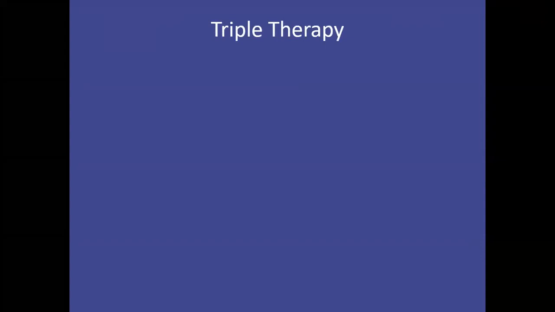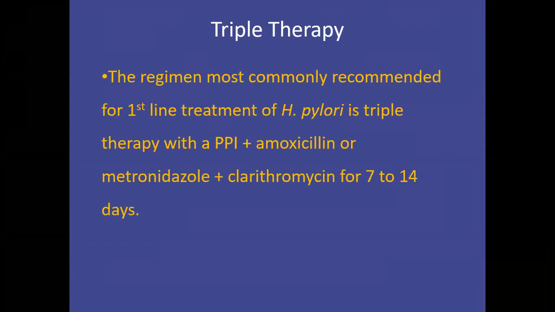So in order to accommodate the fourth strategy, we use a combination of drugs to eradicate H. pylori. Triple therapy is a standard. This regimen is most commonly recommended for first-line treatment of H. pylori. Keep in mind, I am always saying that this applies when H. pylori is the established cause of peptic ulcer. If it is not, there's no need.